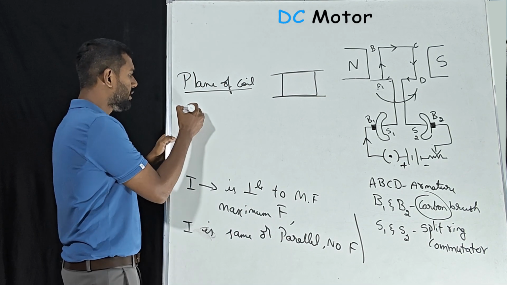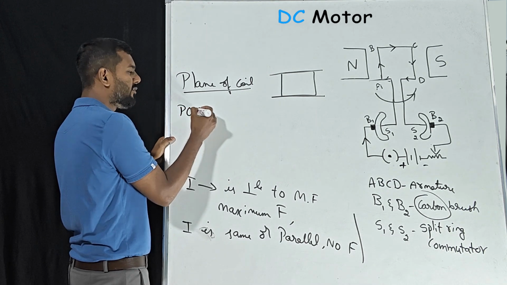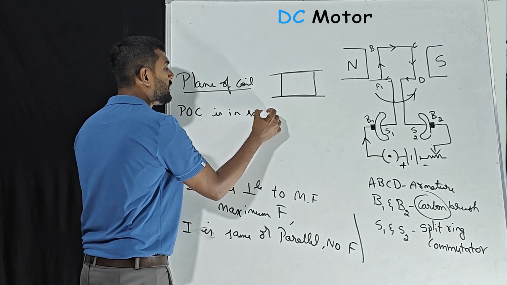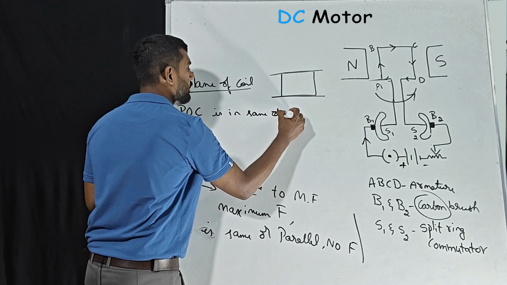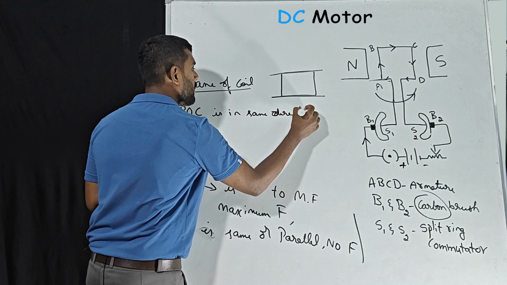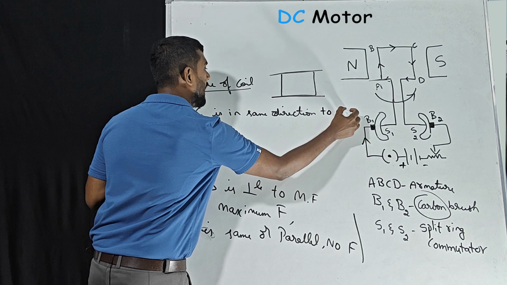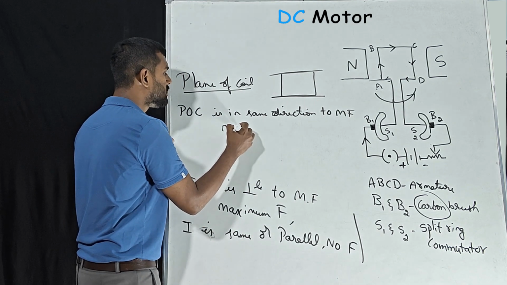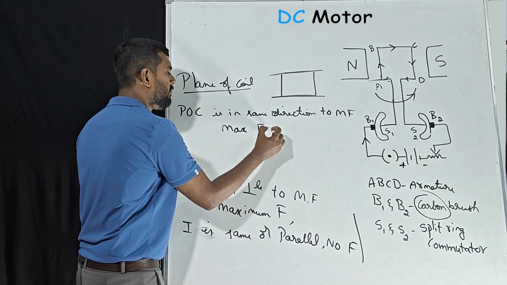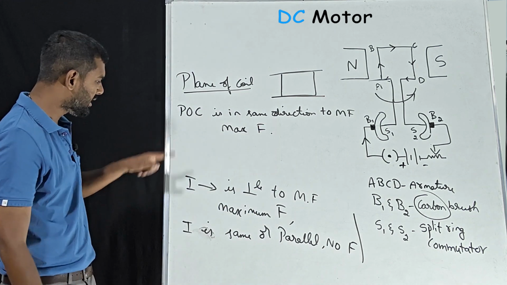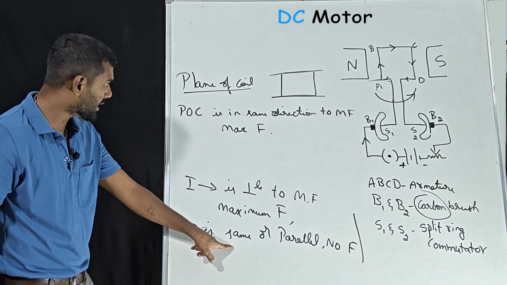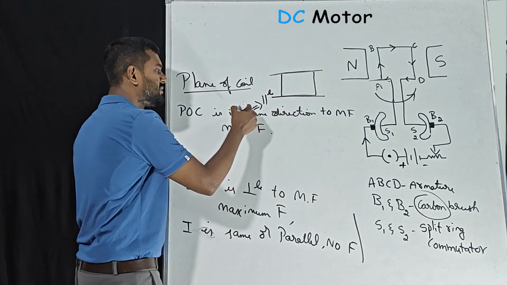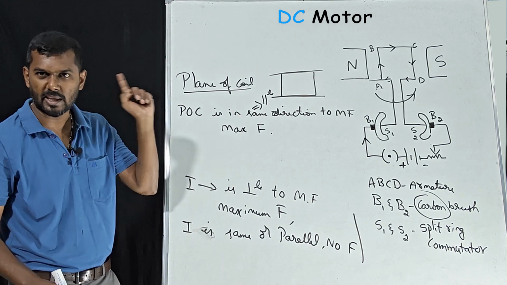When this plane of coil, I will write it as POC, is in the same direction as the magnetic field, maximum force will be generated. See here, same or parallel, any one word they can use.